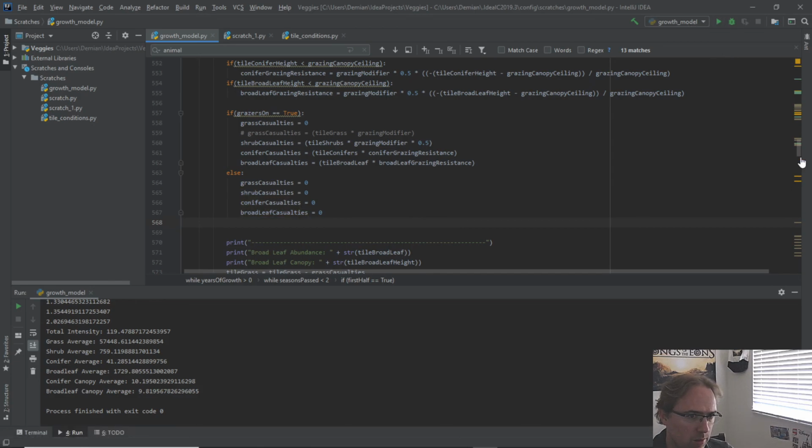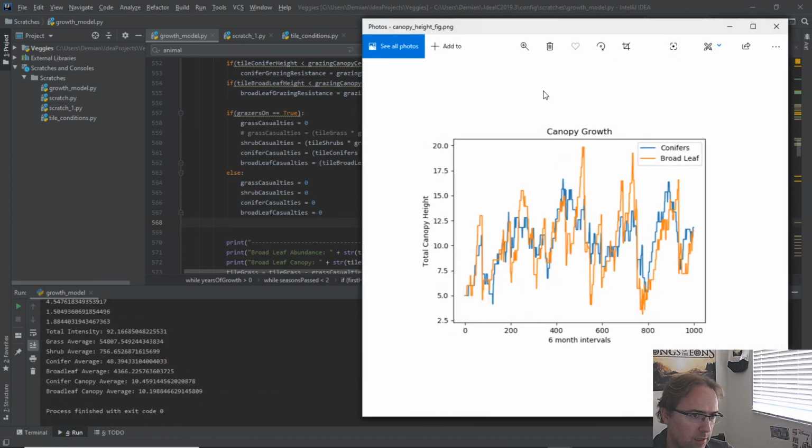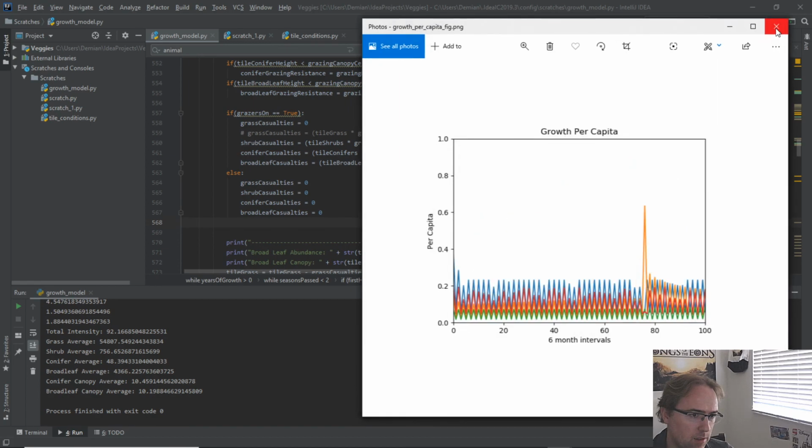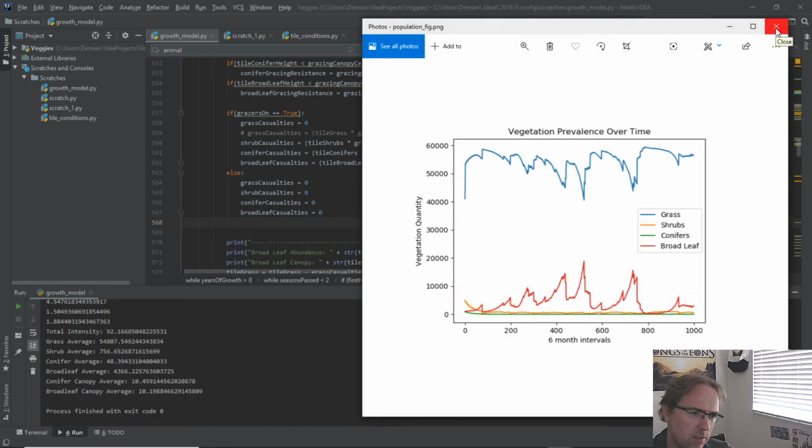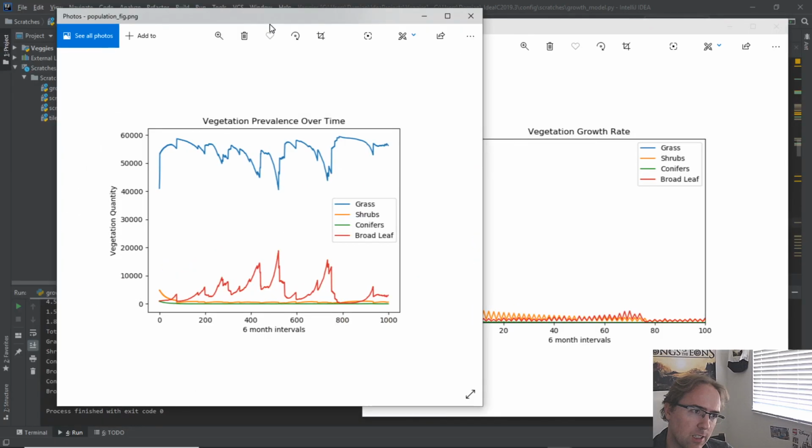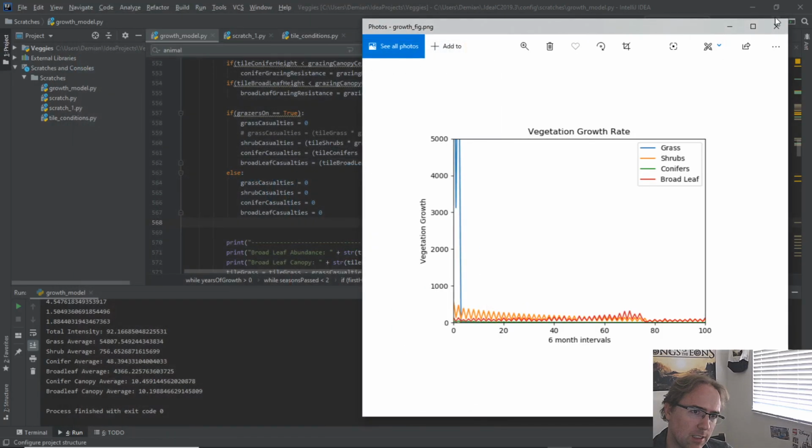So here we have grazers on. Did we change something other than that?